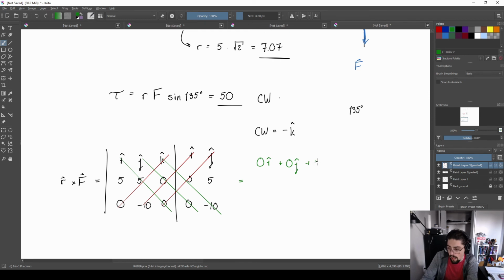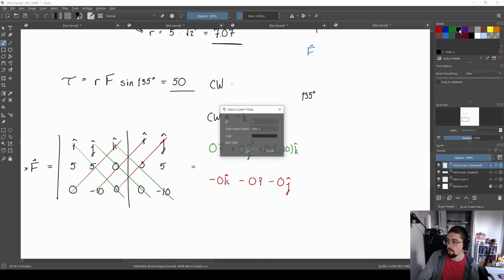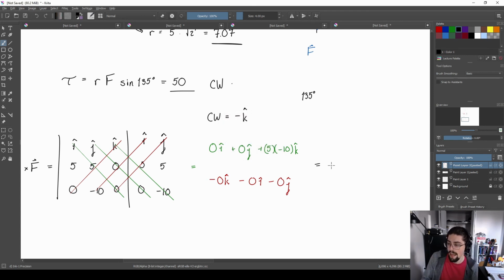Let's go ahead and do it like this. 5 times -10 times k hat. Subtract the up diagonals. So I'm subtracting 0 k hat, and then subtracting 0 i hat, and then subtracting 0 j hat. It's a lot of setup just to end up with 5 terms that are 0 and 1 term that actually has a quantity. But when we plug everything in, we find our final answer should be something like -50 k hat.